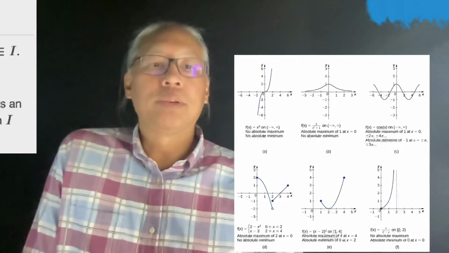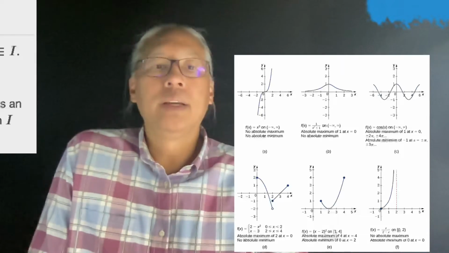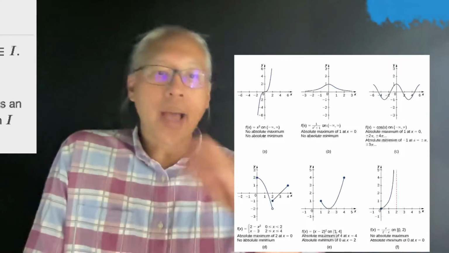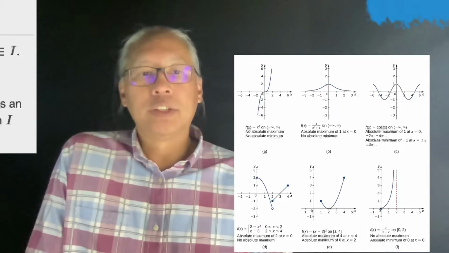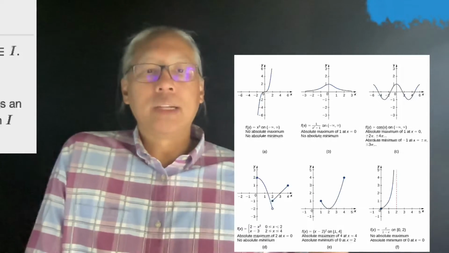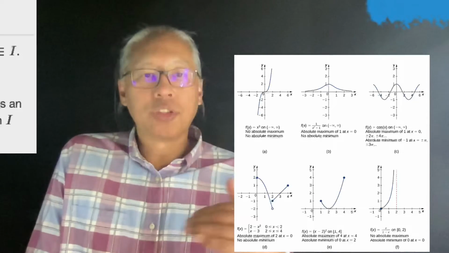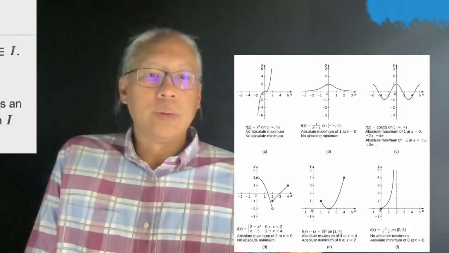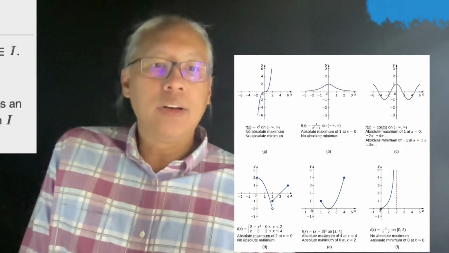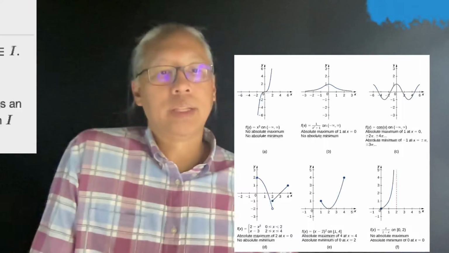In graph B, we have what looks like a maximum that pops up right in the middle when x is equal to 0. But as you go to positive or negative infinity, it approaches 0 but never touches 0, so it'll never have an absolute minimum in that case.